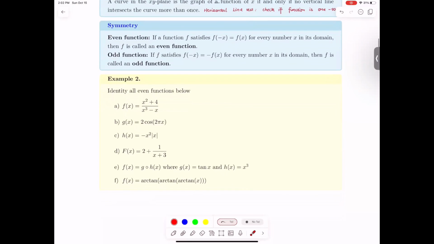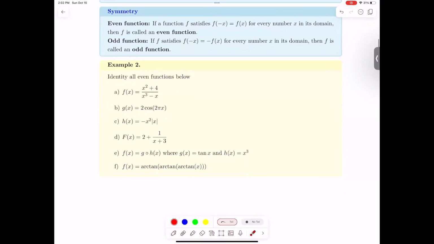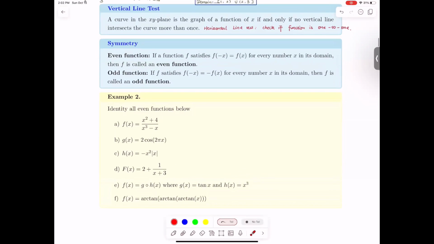But anyway, symmetry, even and odd functions. You 100% should know how to check them. What I also want to ask is, for an even function, because we're talking about symmetry, what is an even function symmetric with respect to? With respect to the y-axis, that's correct.